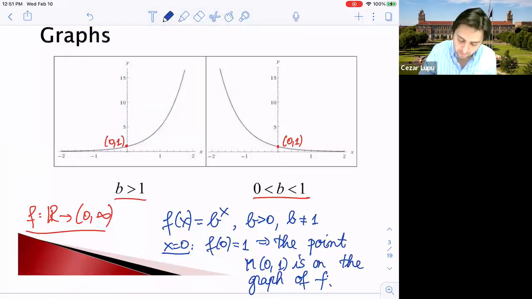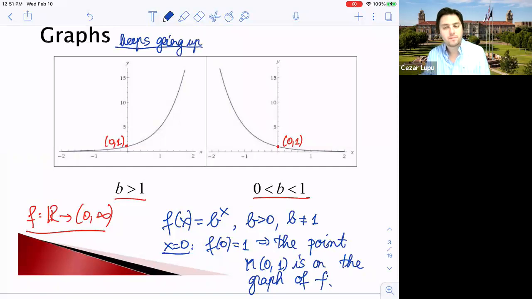So the first graph keeps going up. What about the second one? What can you tell me about the second one? It goes down, so it keeps going down.